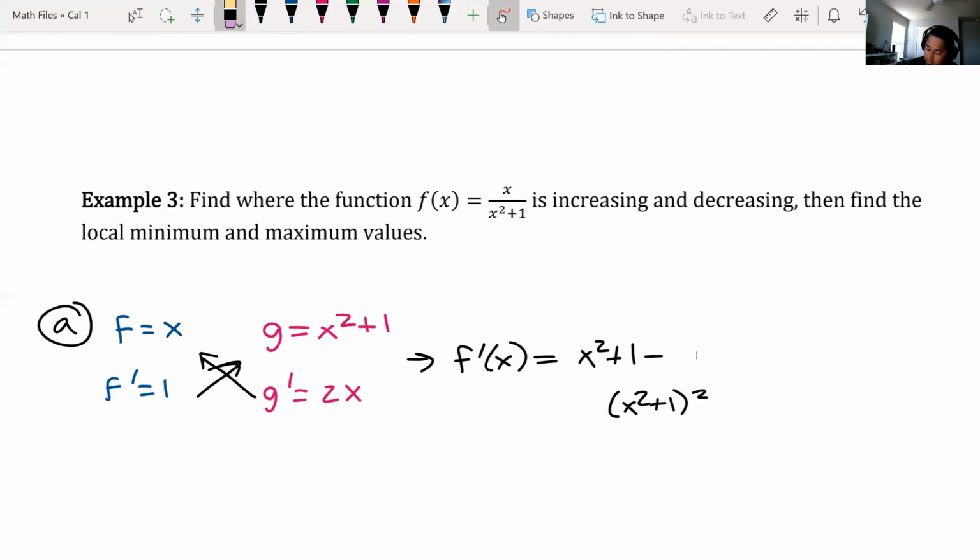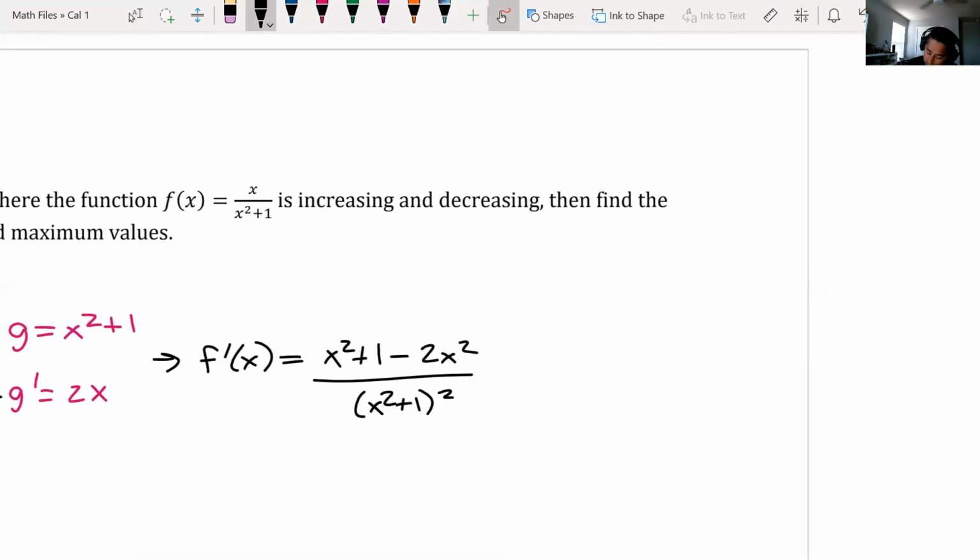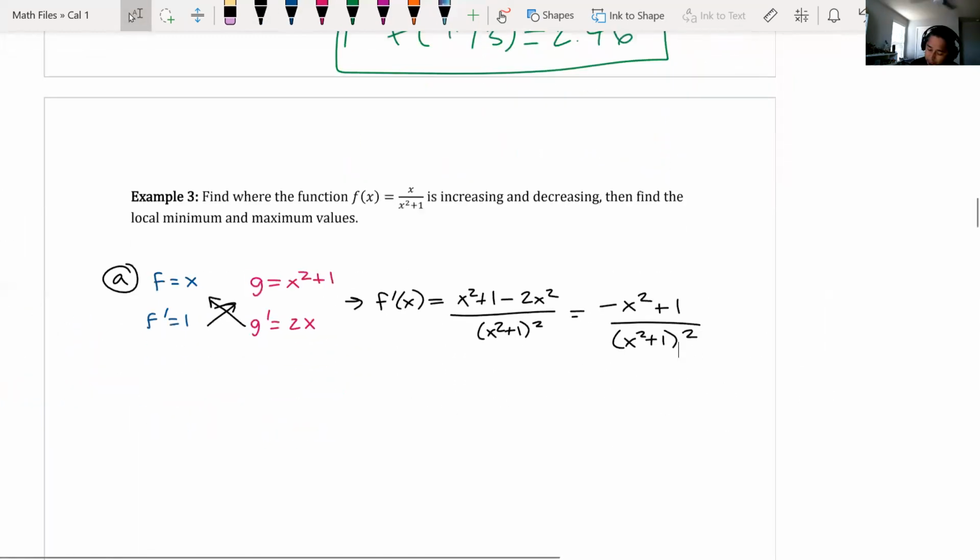And 2x times x we know is 2x squared. Okay. And then you get negative x squared plus 1 over x squared plus 1 squared. So there's our derivative.